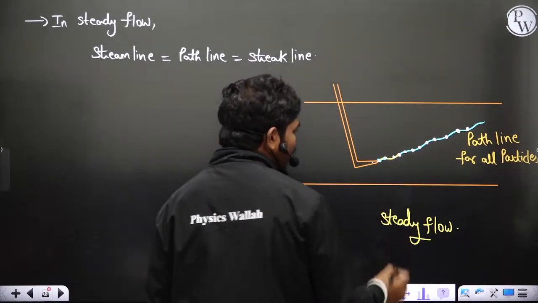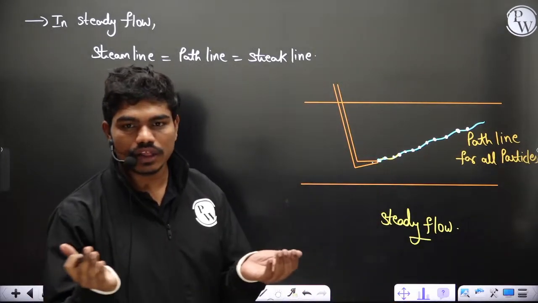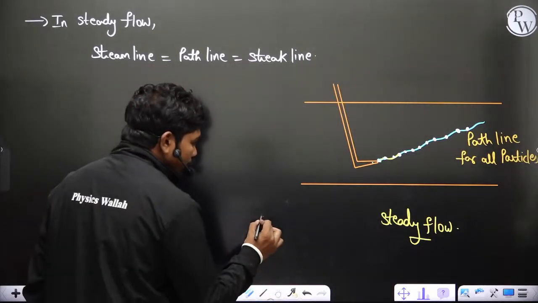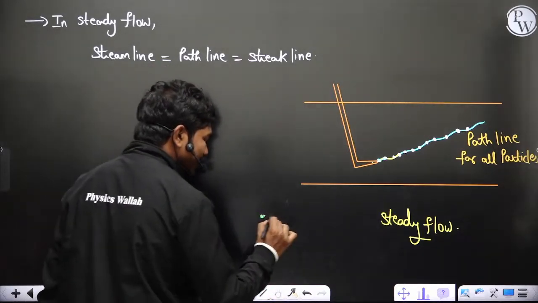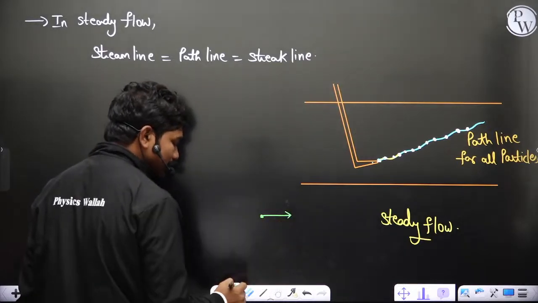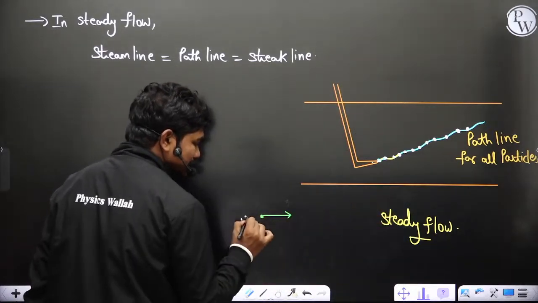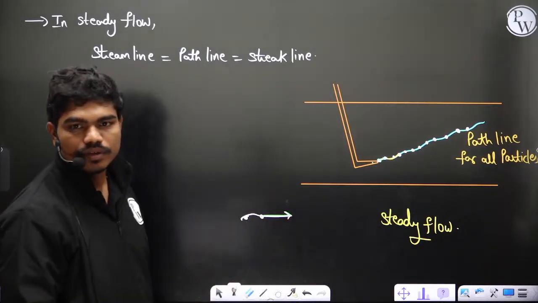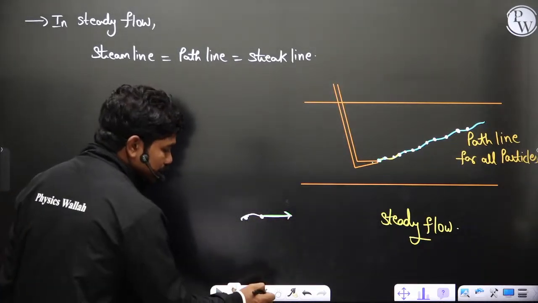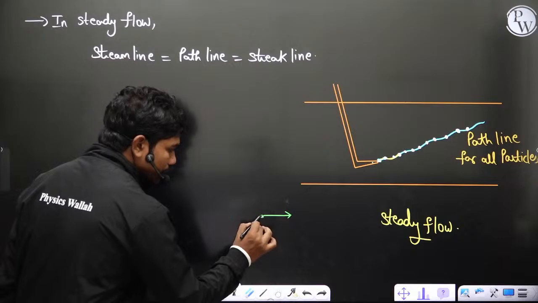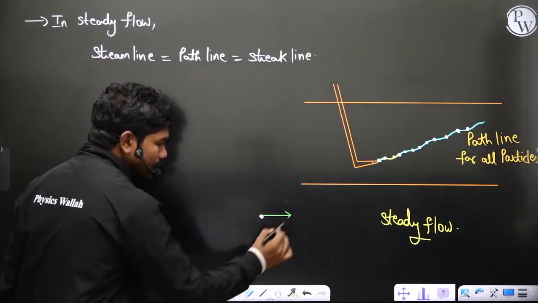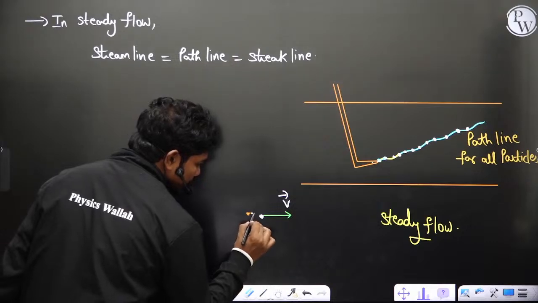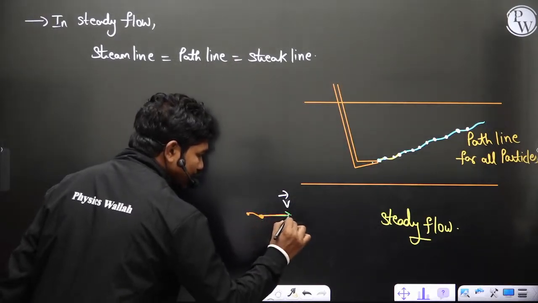Now, can anyone tell me, if I join all the particles, how this is similar? Because if this point has this velocity at some time, and the flow is steady, the second particle which reaches this location should also have the same velocity. I'm repeating, see carefully. If a particular particle reaches a point with a velocity v, then the second particle which also reaches this point, if flow is steady, should also have the same velocity.